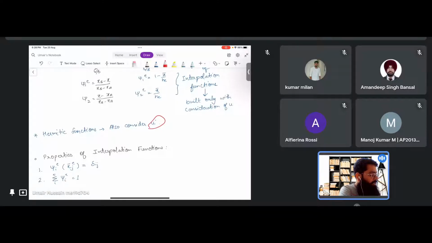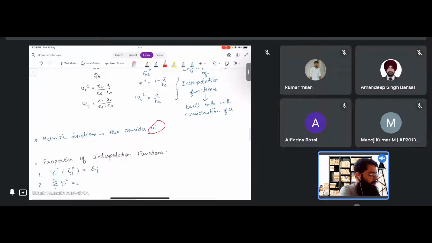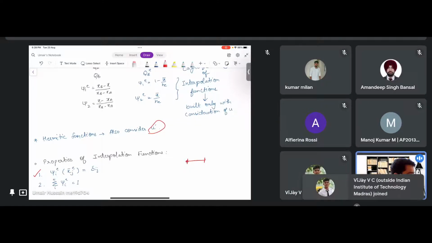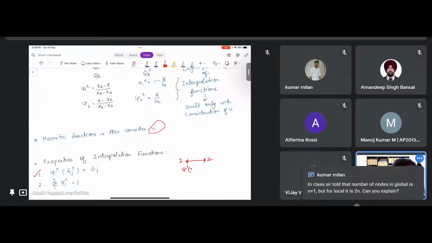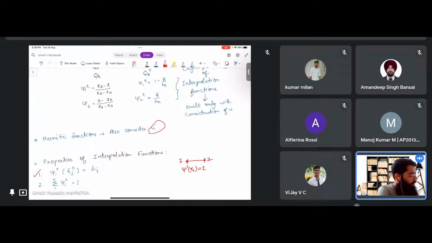One thing we'll see about this shape function is that they satisfy property number one: they should give a value of 1 at the respective coordinate. So if we have node 1 here and node 2 here, the shape function 1 at x1 would give 1, and shape function 1 at x2 would give 0.